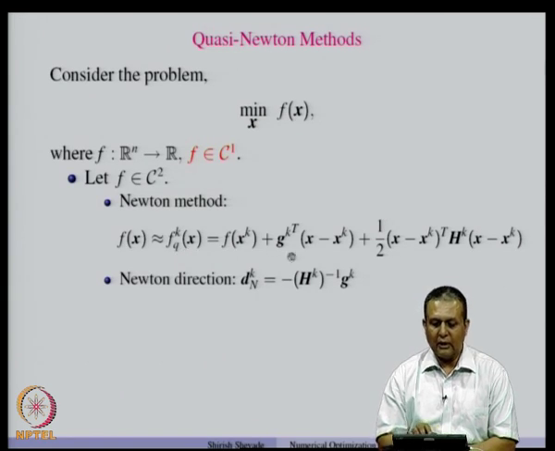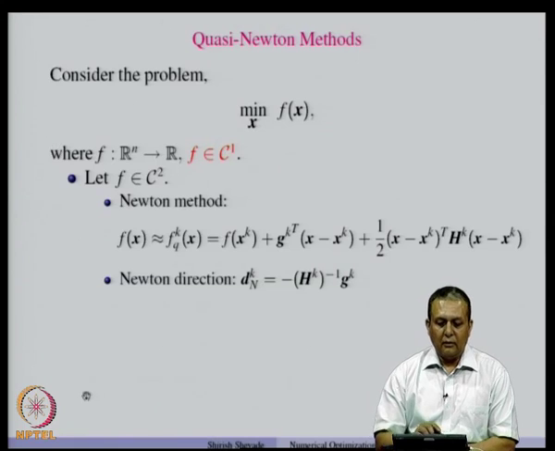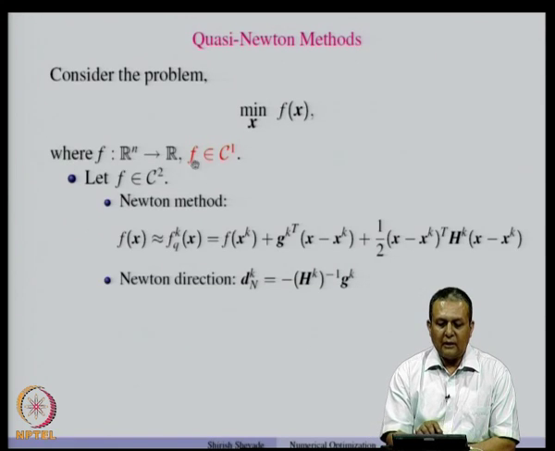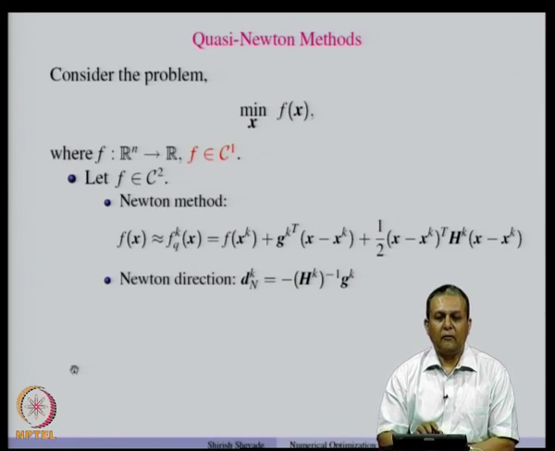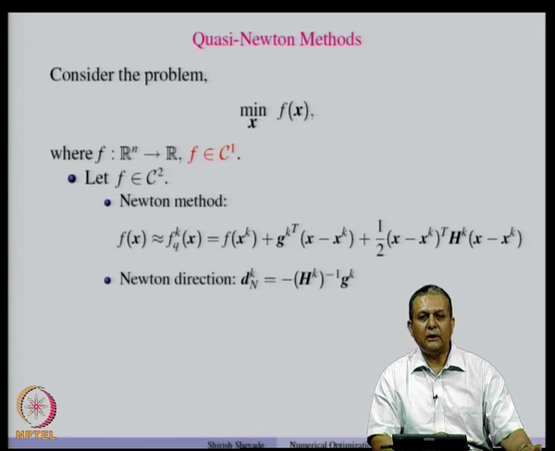This quadratic approximation requires the first derivative and the second derivative information, and the Newton direction chosen is minus Hk inverse gk. But now, suppose we want to work in this setup where f is a continuously differentiable function. That means we do not want to use the second order information for this purpose.